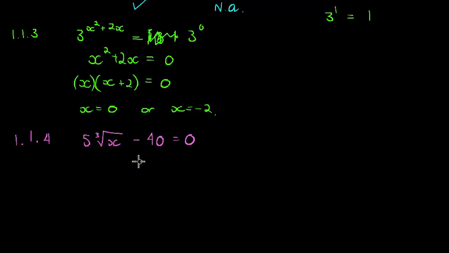Okay, so now we have 5 times the cube root of x is equal to 40. I would suggest, before you cube both sides, that you just divide both sides by 5. Just get the cube root, but this time it wouldn't make a difference. It will still work out, because I have a single term on this side, and I'm cubing the whole side if I were to do it now.